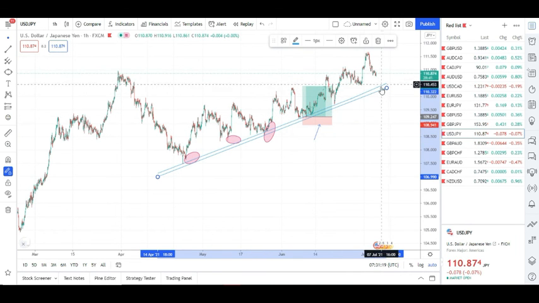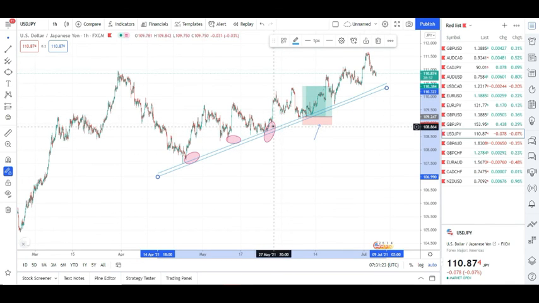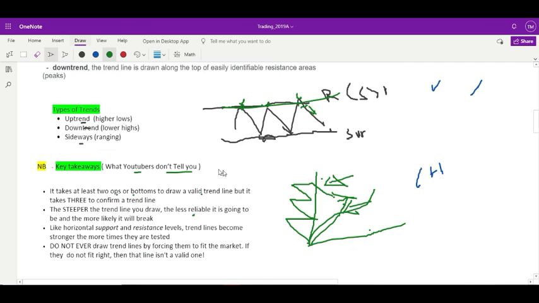At some point this thing will break. So I make sure that I trade the third one, fourth, fifth, but the sixth touch I won't trade, because at some point it will break. So do not ever draw trend lines by forcing them. If you don't see a trend line, don't force. If they don't fit well, don't force.